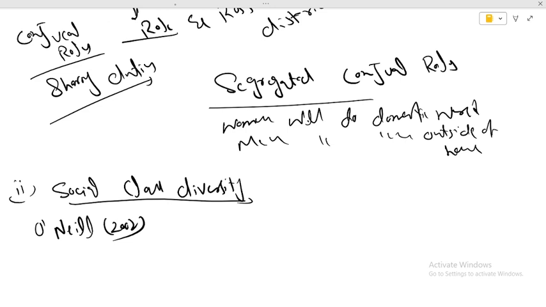Single parents are more likely to have working class origins. They are also likely to have lower average incomes and to live in poverty more than two-parent families.